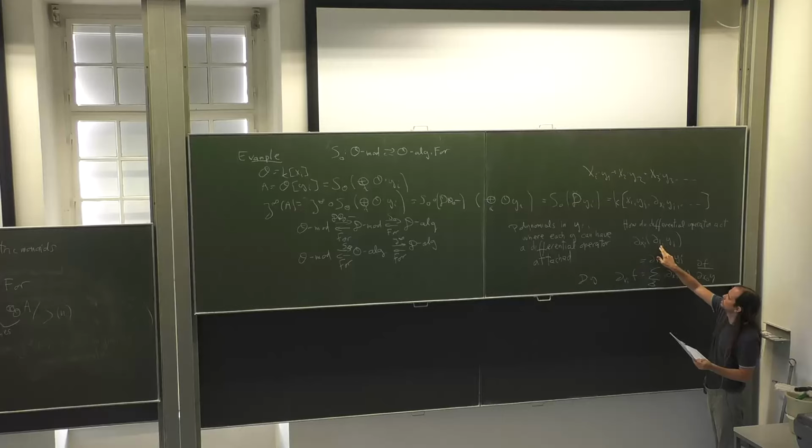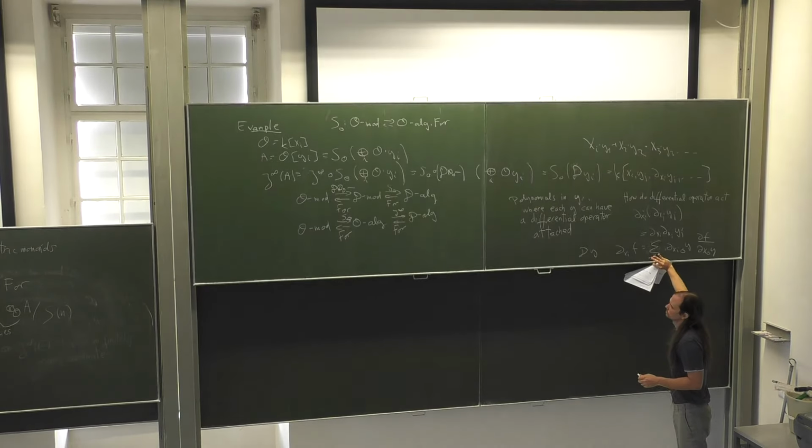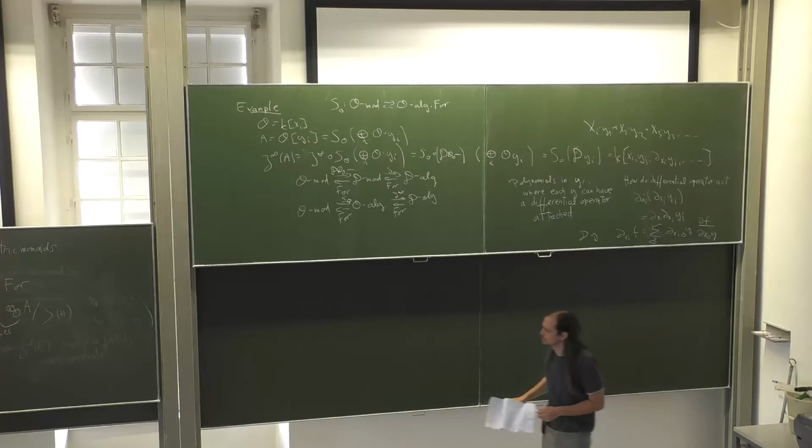So you kill one with the smaller and add one with the bigger. So it's really total differential operators. So dx is total differential operators. This is kind of nice.